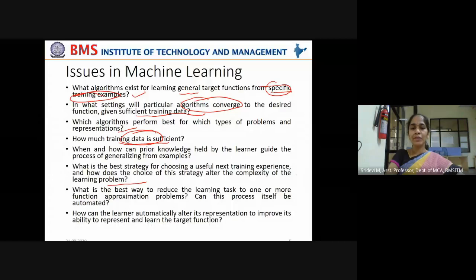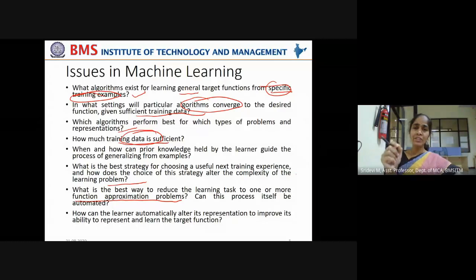Now, what is the best way to reduce the learning task to one or more function approximation problems? And can this process itself be automated? Is it possible? What I'm trying to tell here is, what is the best way of reducing the learning task? Now, if I say make a machine learn how to play checkers, lots of steps are involved.